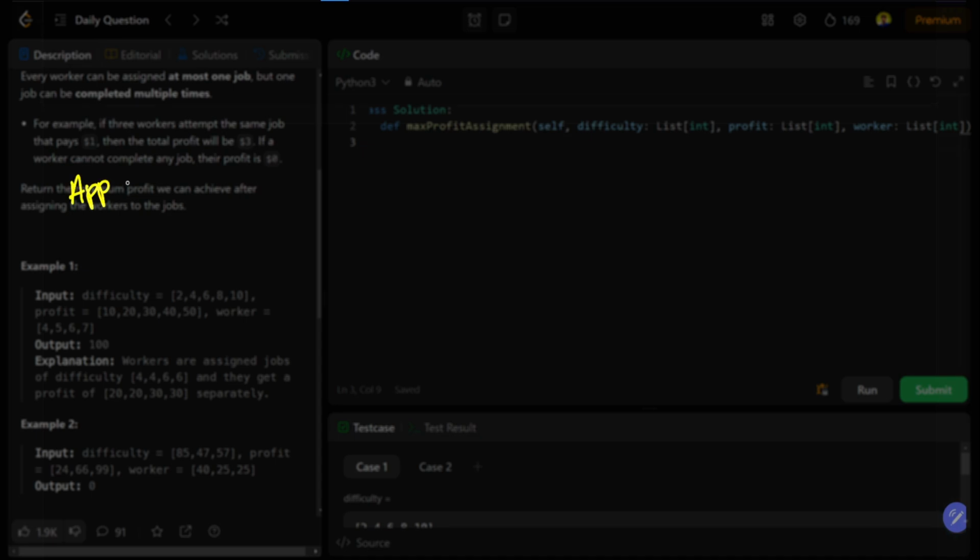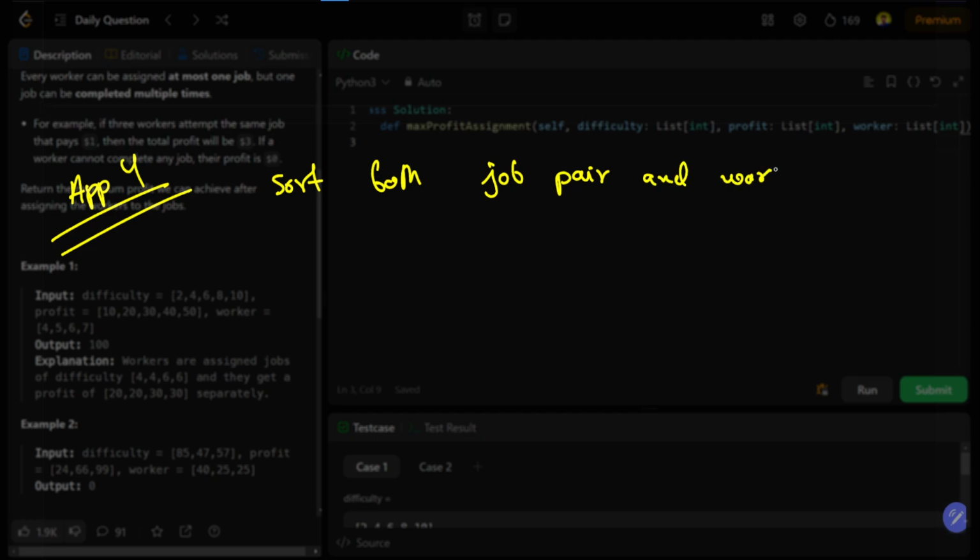I will be sorting both of them: sort both the job pairs and the workers in ascending, increasing order. Why sort in increasing order?